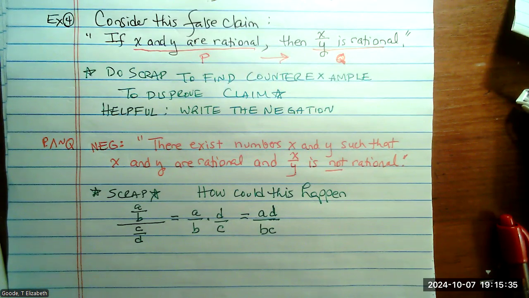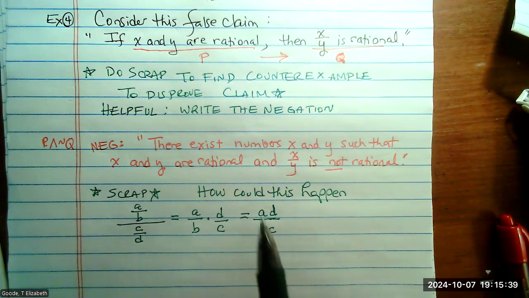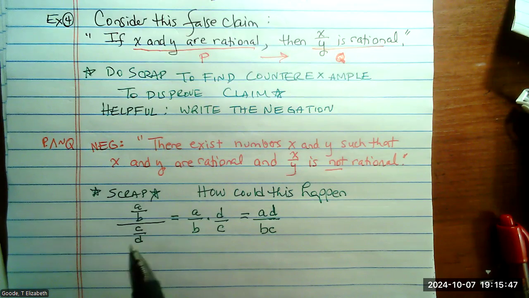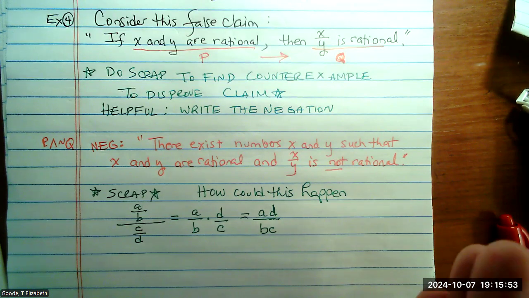If X and Y are the same rational number, it's not going to be a problem because it'd be A over B divided by A over B, and that'll just always be 1, unless it's a bad rational number to try to use. There is one kind of way this can go bad.